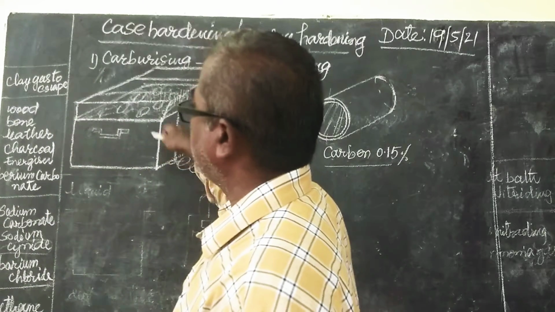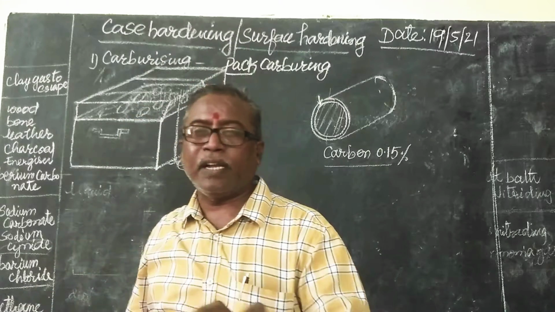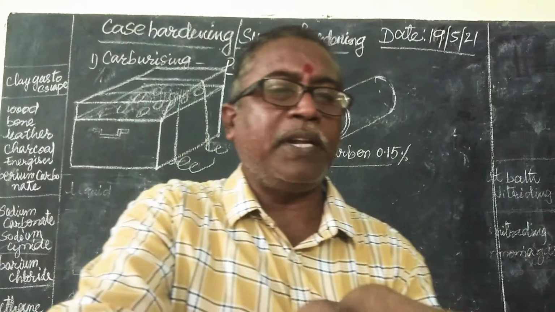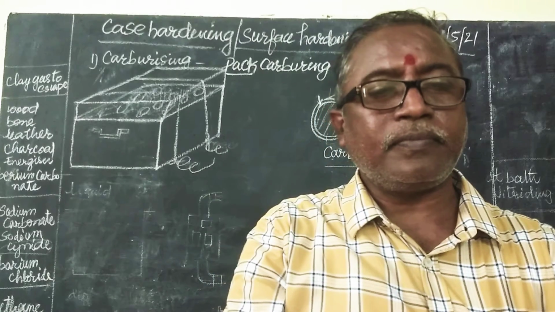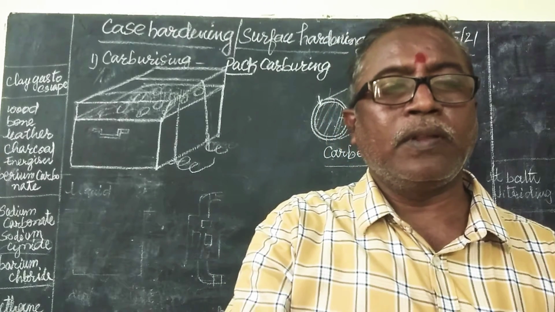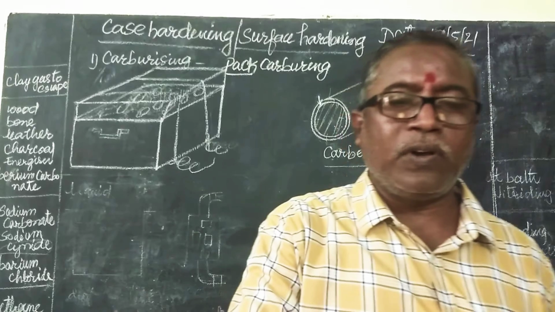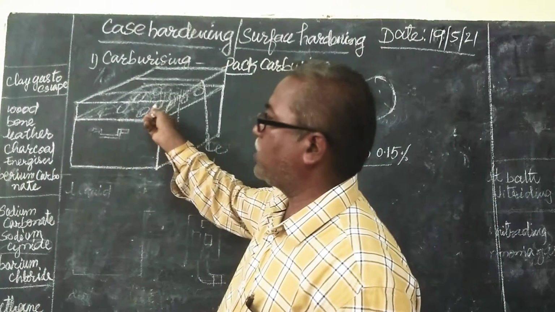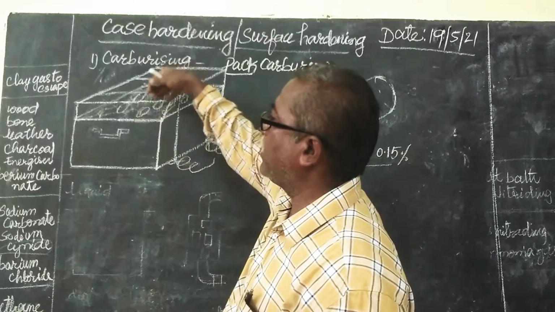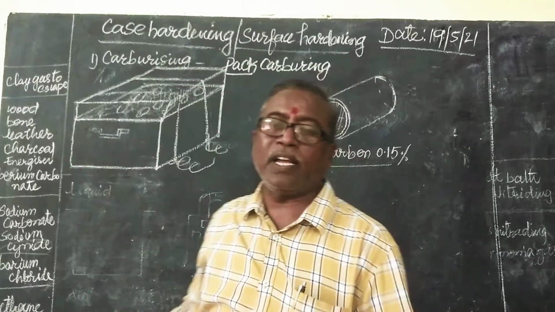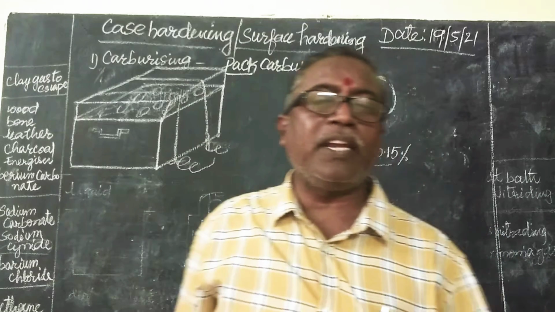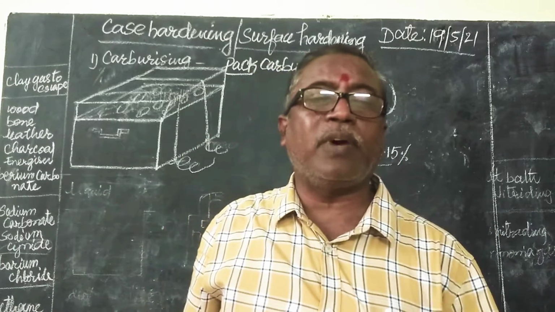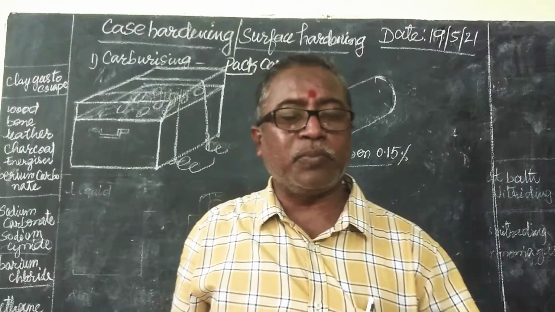This is the box. In that box, what are the items we have to put? The charcoal powder and the pieces with less than 0.15% carbon which are going to be heat treated.